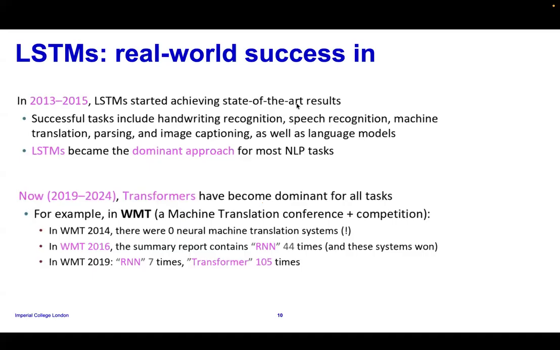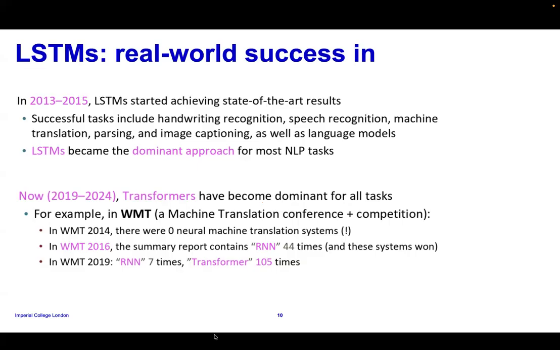When we say LSTM is a variant of RNN that introduced some other elements, in these years it started to become the best architecture for solving real-world problems. Some of the real-world problems it solved include handwriting and speech recognition and machine translation, and it even became the most dominant approach in NLP in this period.